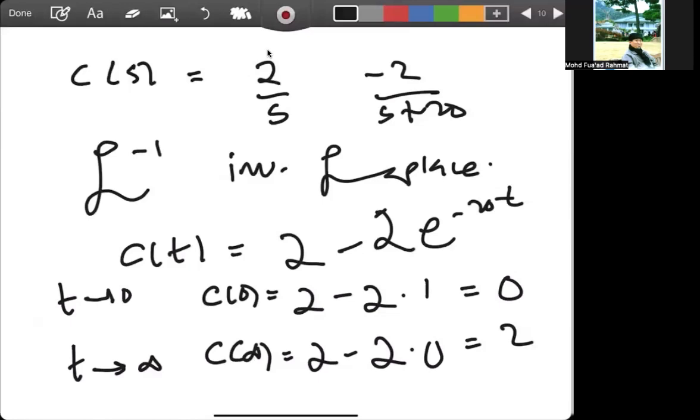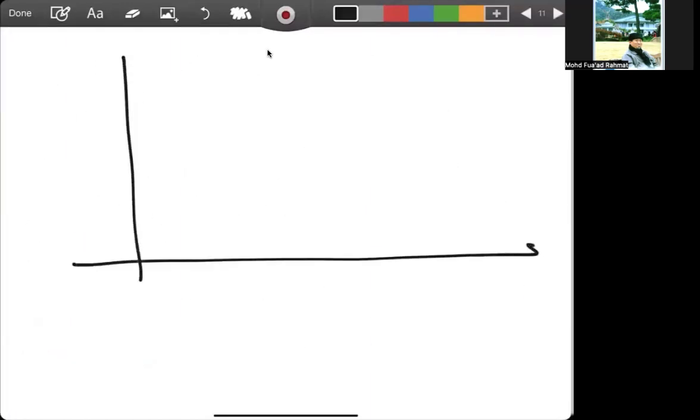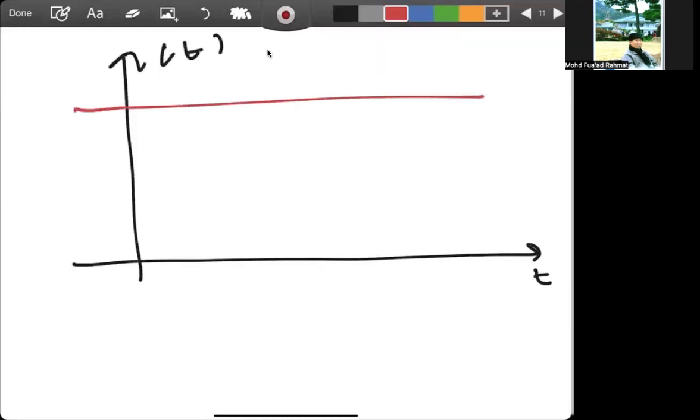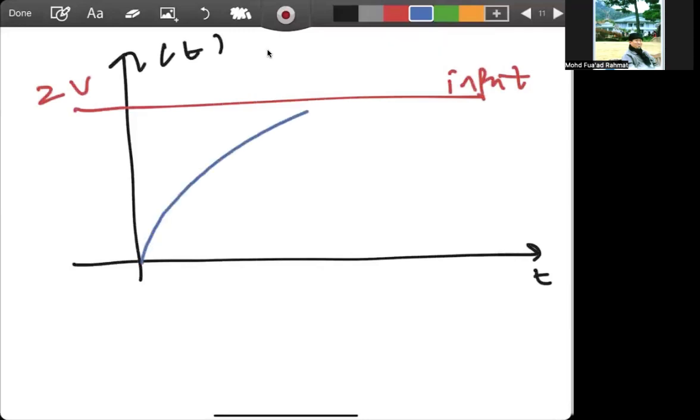So it seems that the response is something like this. So this is 2 volts, and the response is a first order system.